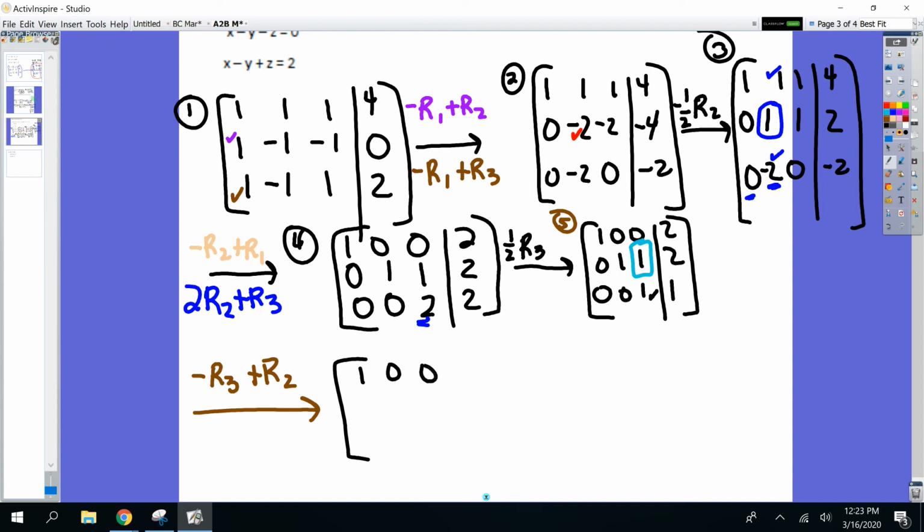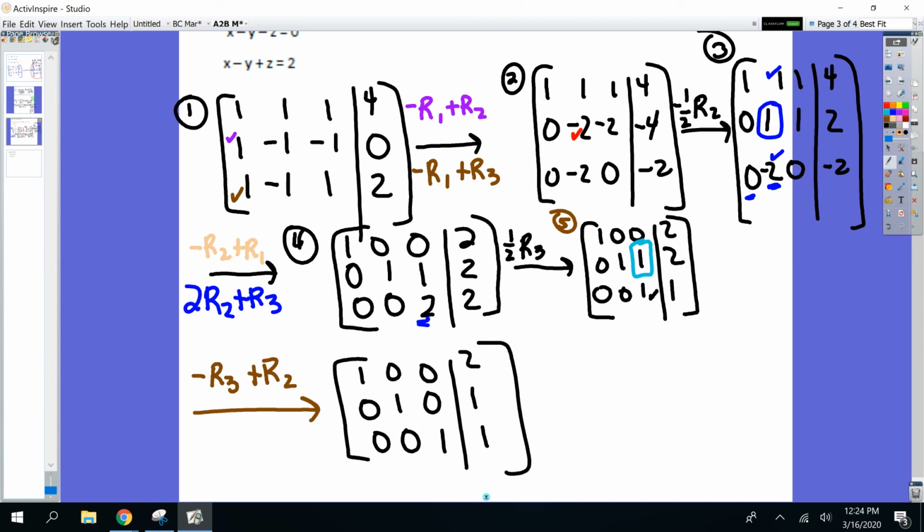1, 0, 0, 2, 0, 1. Now, if you see negate it, that becomes a 0. Okay, now I just got to do it here. Negate row 3, which would be -1 plus 2 is 1. And then row 3 didn't change.